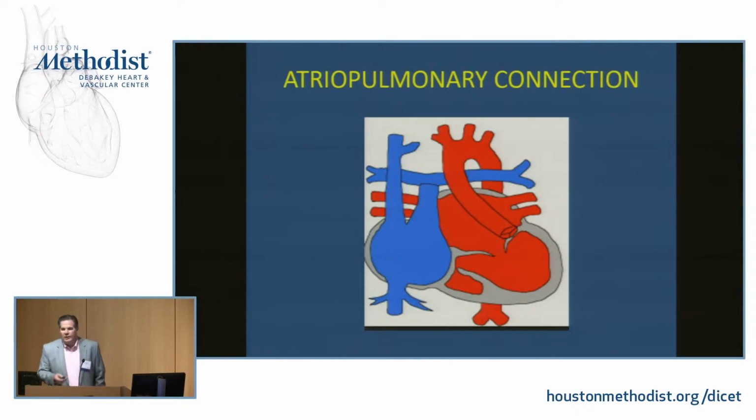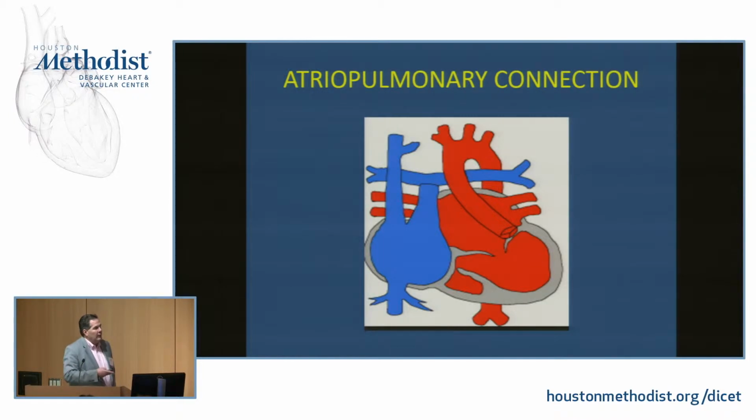This is just an example of the atriopulmonary connection, where the right atrium, usually the right atrial appendage, has been directly connected to the pulmonary arteries. Often in these cases, there had not been a preceding Glenn. Sometimes there is. So the IVC and the SVC return is to this large dilated atrium and then to the lungs.